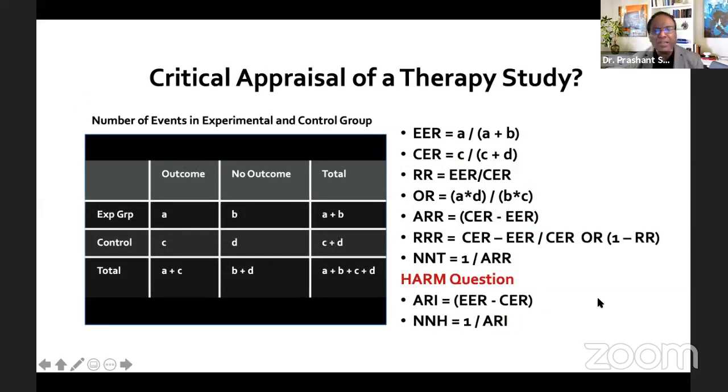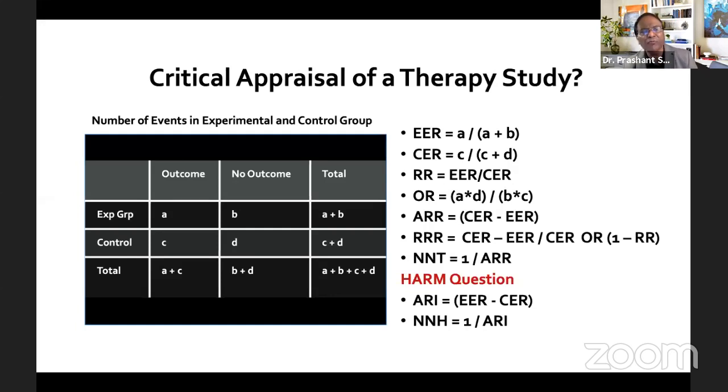In order to calculate these measures, we normally use a 2x2 table, also called a contingency table. It has 2 rows and 2 columns. The columns represent the outcomes, and the rows represent the 2 different groups, experimental group and control group. If you construct this table, you will have 4 cells.